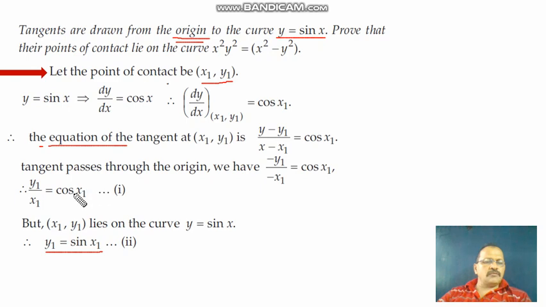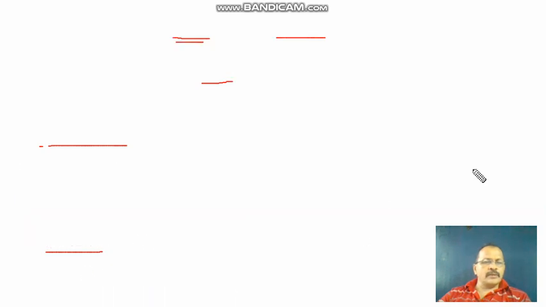Now in equation 1 we have the value of cos x1, in second equation we have sin x1. Since we have sine and cos, we can square and add to get 1. The first fundamental identity, sin square theta plus cos square theta is equal to 1. Using that, squaring and adding both these two, y1 square upon x1 square plus y1 square is equal to 1.